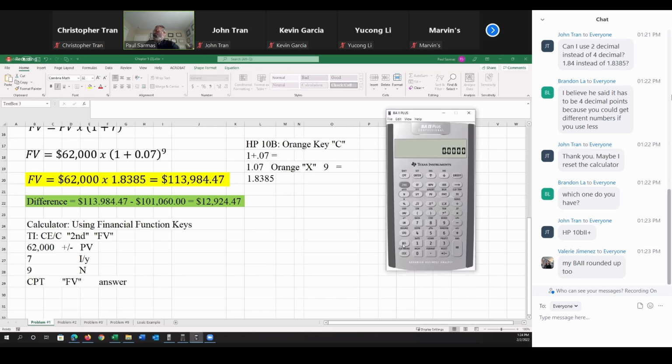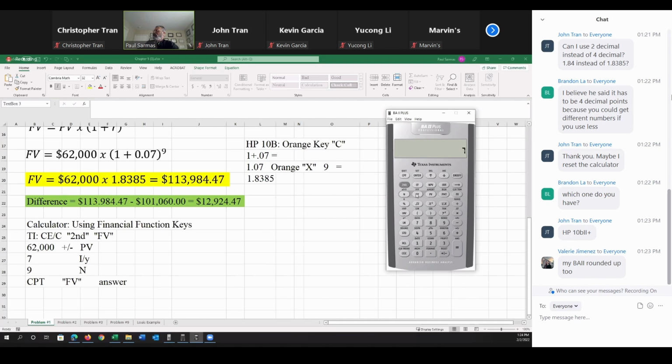You clear your calculator, second FV, then you put 62,000, change sign, this is the key, the plus minus sign. It puts a minus in front of 62,000, and you press present value.